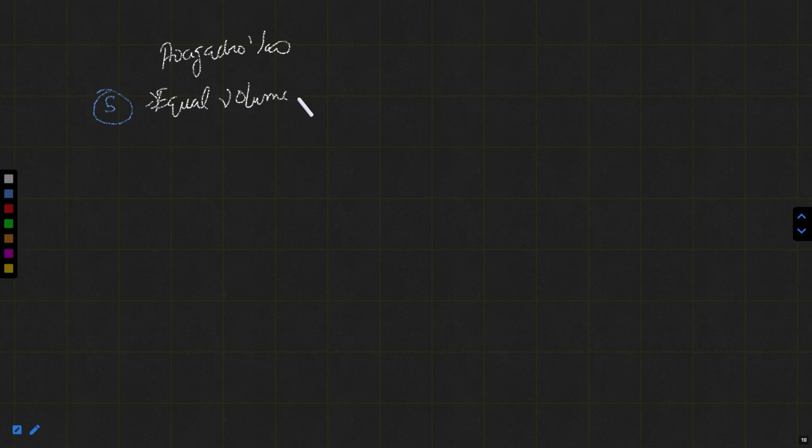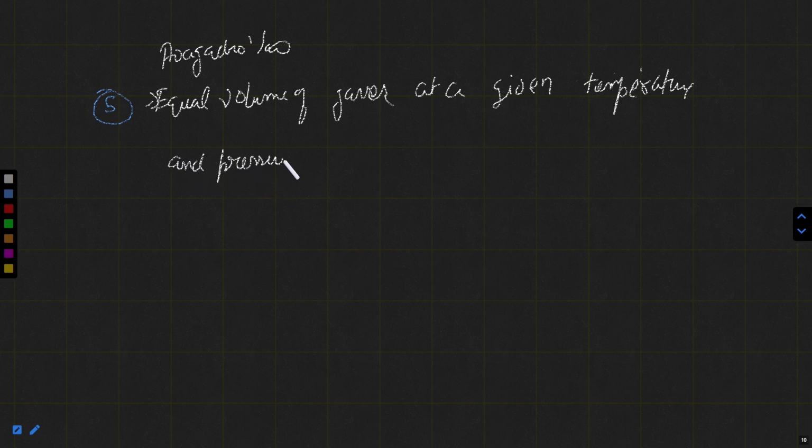It says that equal volumes of gases at a given temperature and pressure would contain the same number of constituents, or same number of molecules. It is very important to remember that the temperature and pressure should be the same.